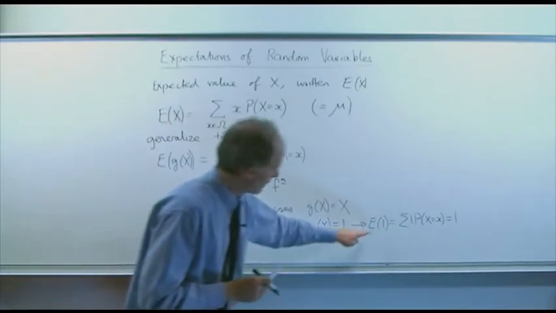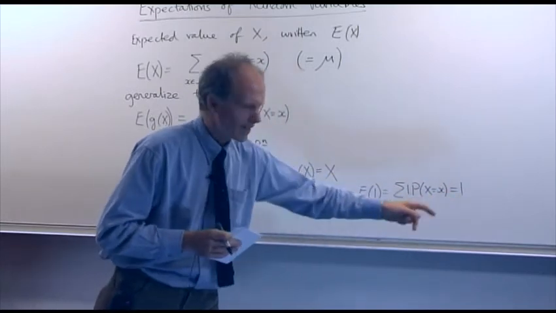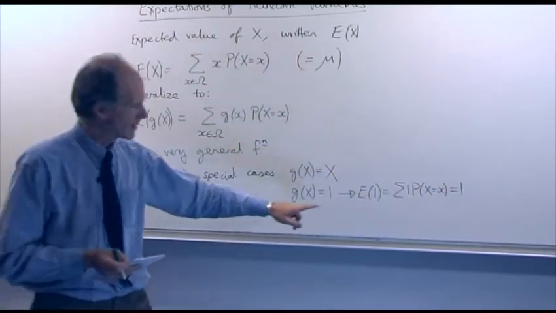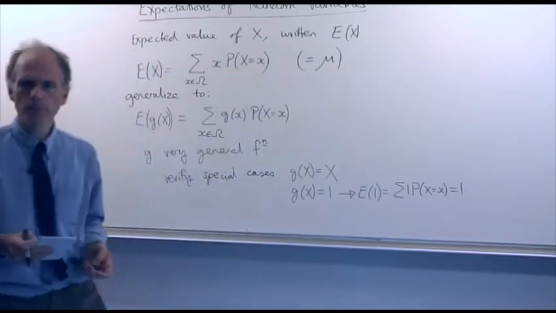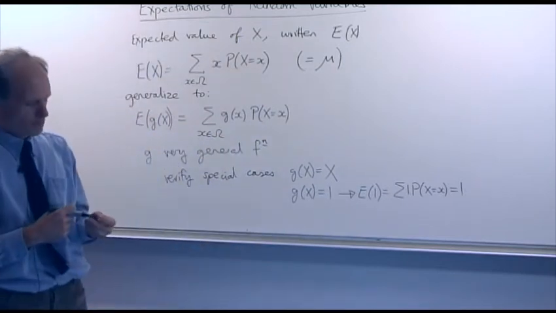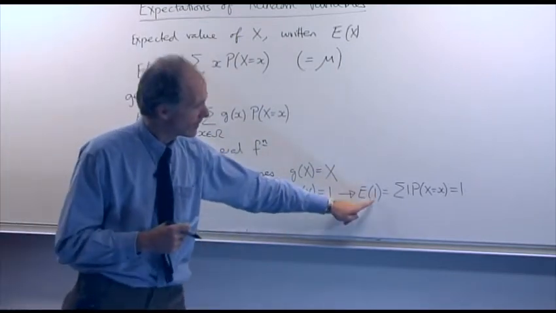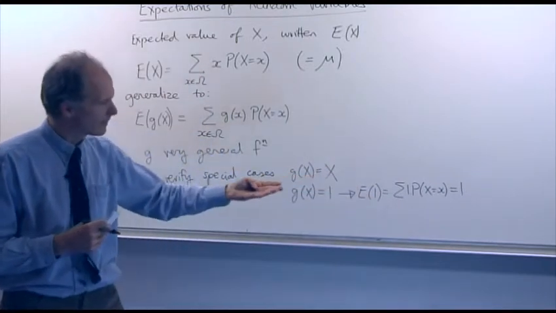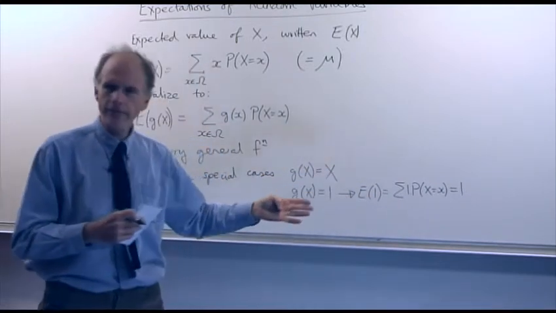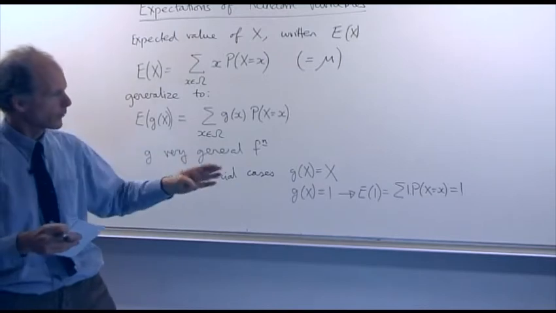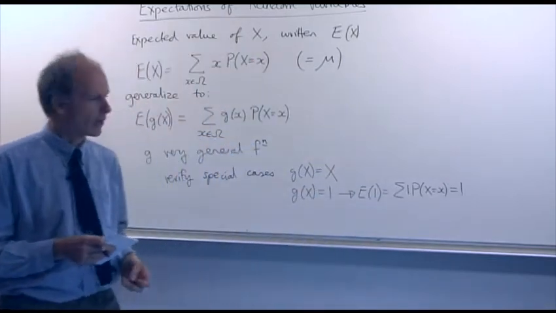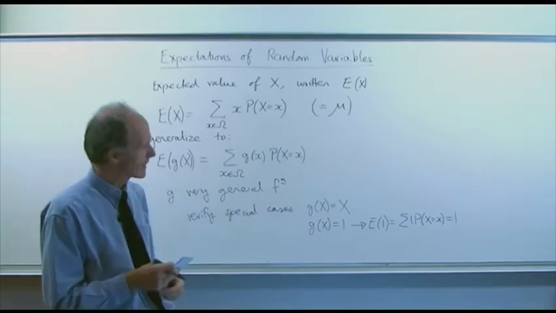You may think, well, that's a vacuous statement. We've just said the expected value of 1 is 1, but that's actually a more general point: when a quantity is deterministic, which of course 1 is, the expected value of a deterministic quantity is just the quantity itself. So that fits in with what we'd like it to be.